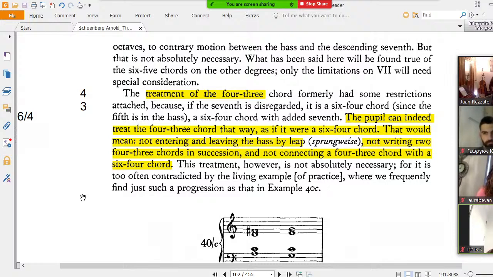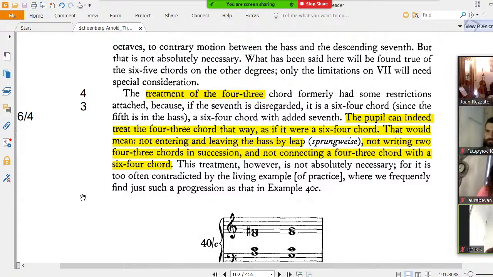So not writing two in succession, not writing a 6-4 chord with a 4-3 because function-wise it is the same. And also not entering and leaving the bass by leap.